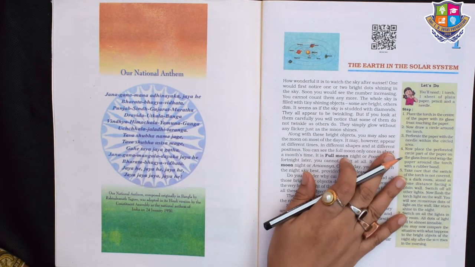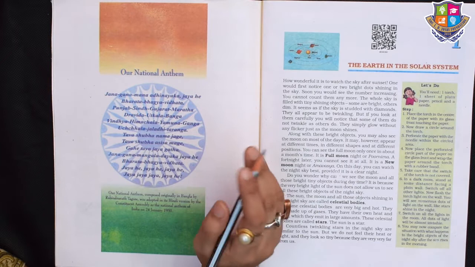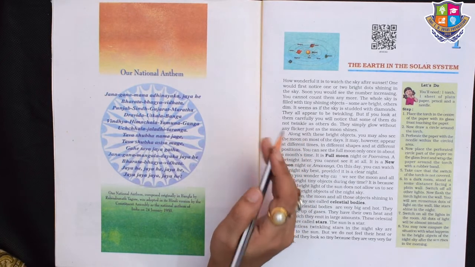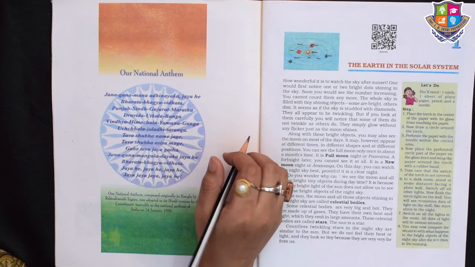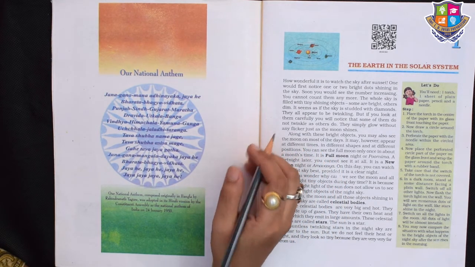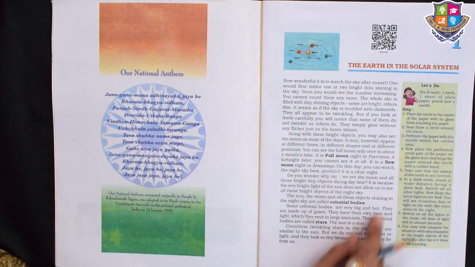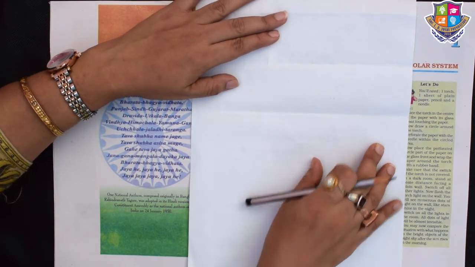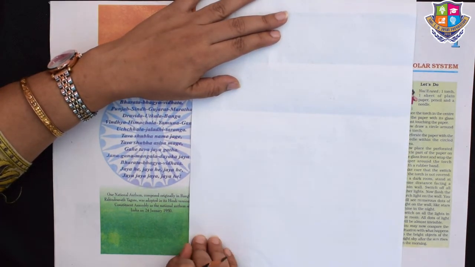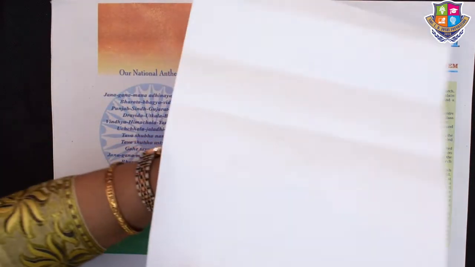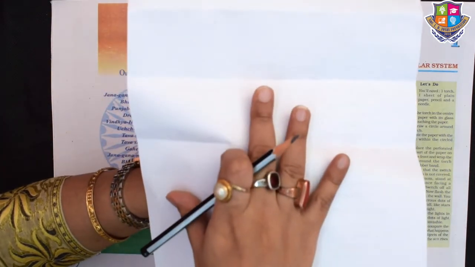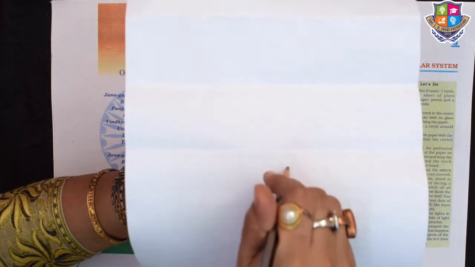And in order to understand it more nicely, you can do an activity. If you take a plain paper, a small paper, and a torch, keep the paper on the torch and make a circle around it.